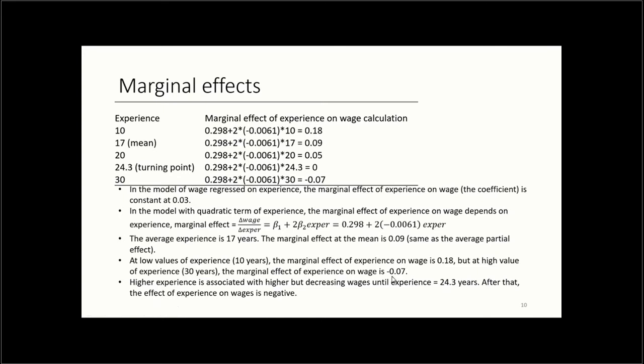And so what we can say here is that for people that don't have a lot of experience, each additional year of experience brings a lot in wages, 18 cents. But if you're at the end of your career with like 30 years of experience, that actually has a negative effect on wage. So more years of experience even reduce the wage, and we have a negative effect.